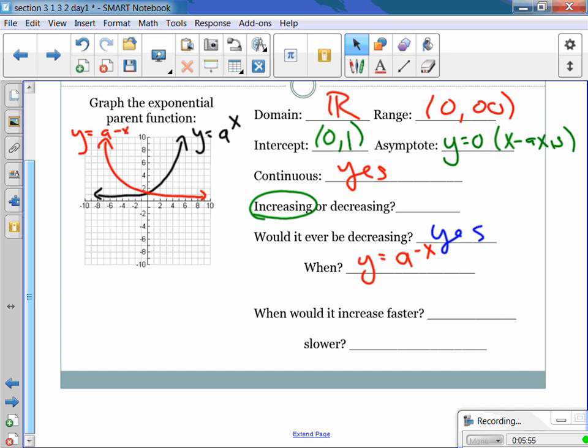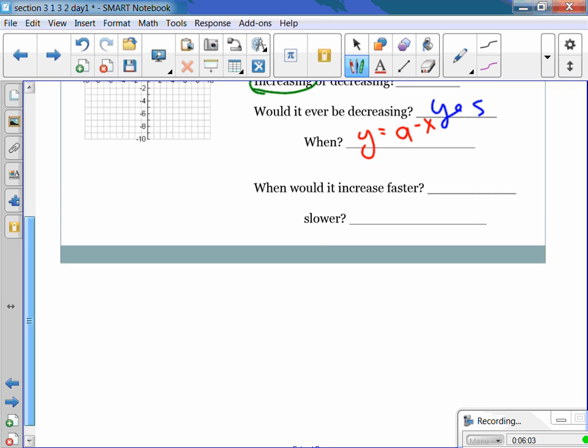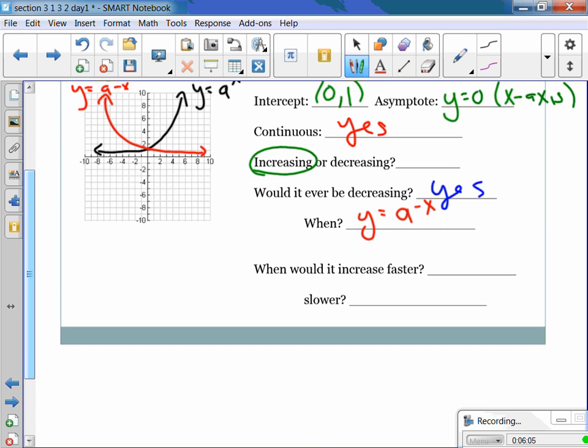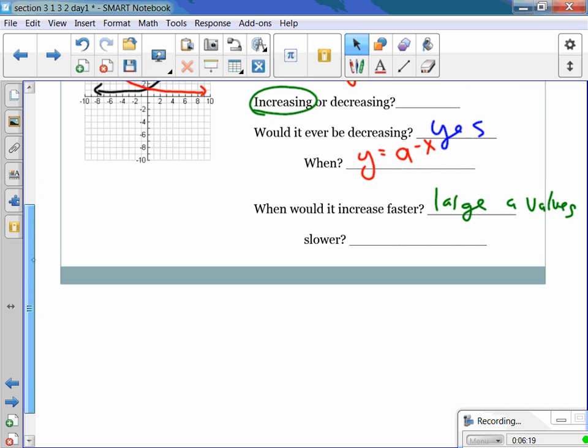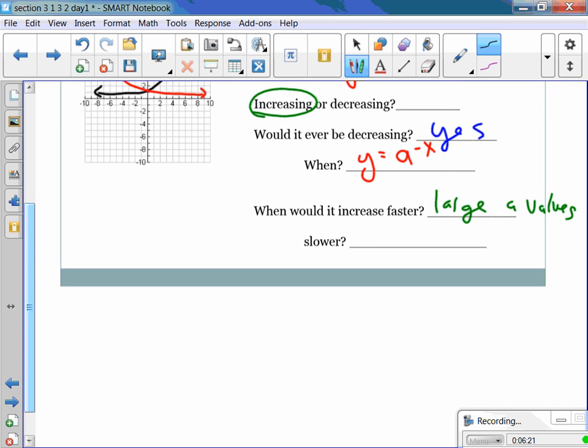And when would it increase faster? When a is small, large? If I have a large a value, as I increase exponentially, that's going to be very large, increasing much faster. So when it's slower, we're looking at small a values, such as what?